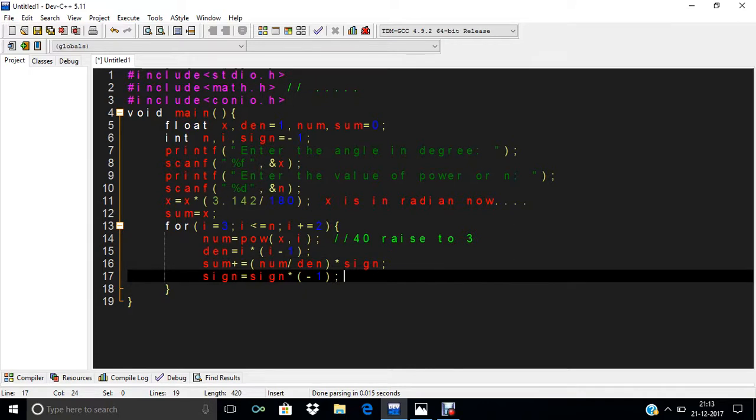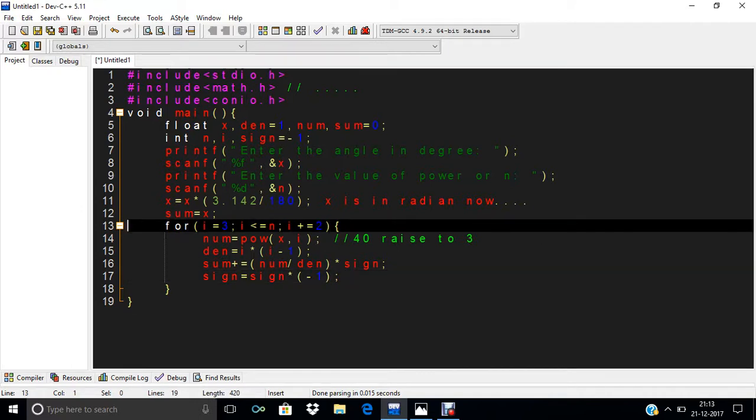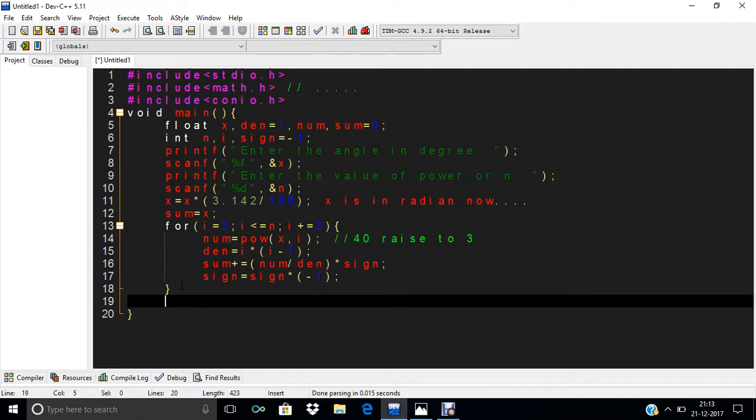Well, I hope you got the logic of the signs over here. So we are done with the computation part. The series has been developed, the general term for the series. The only thing left is to print it on the console screen.